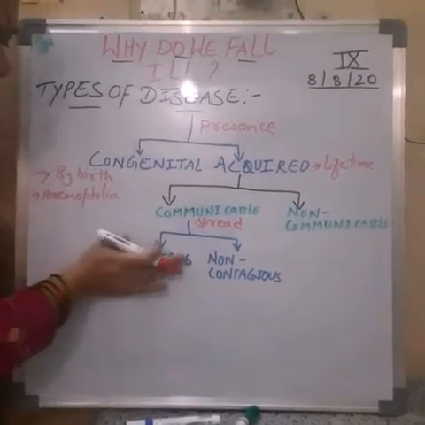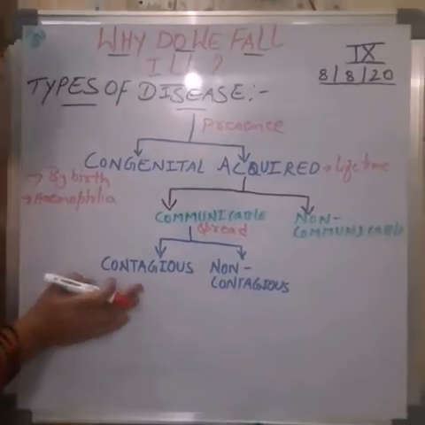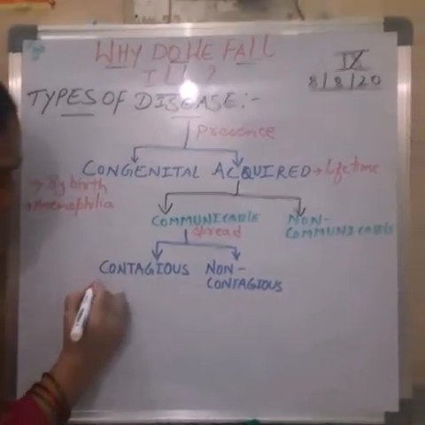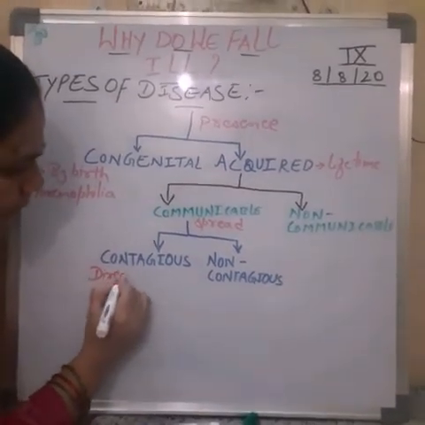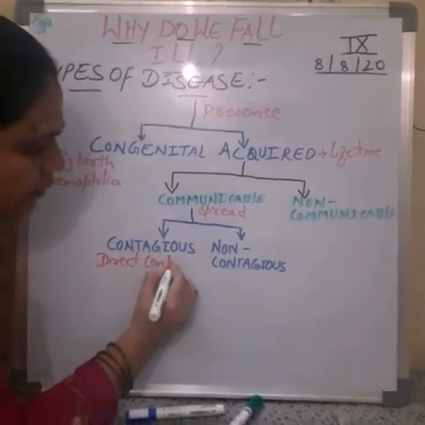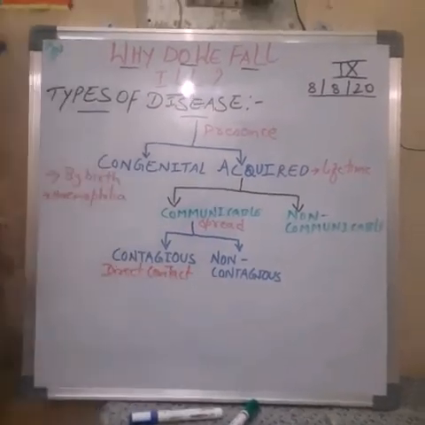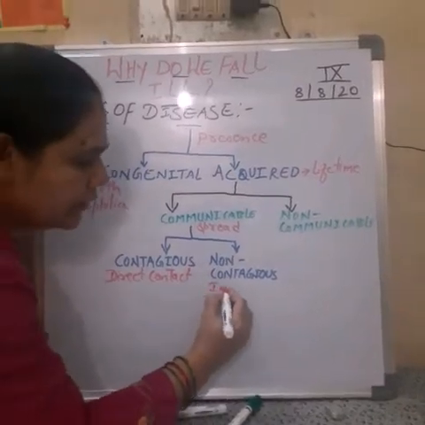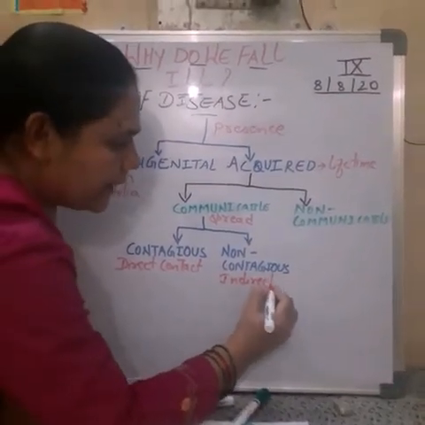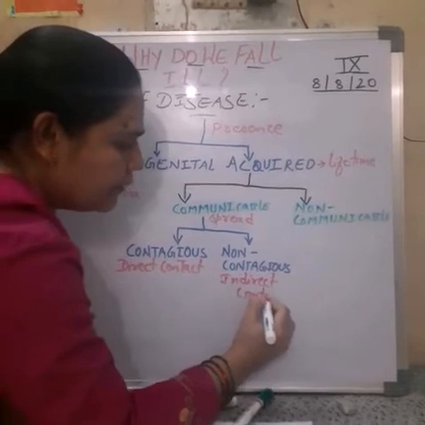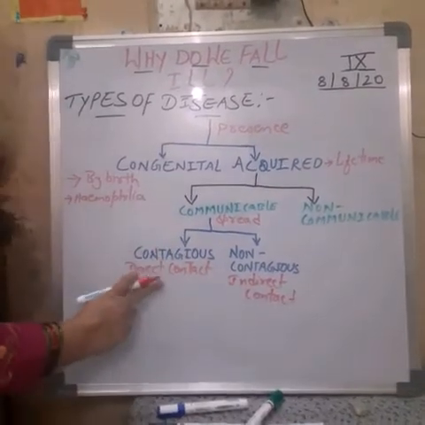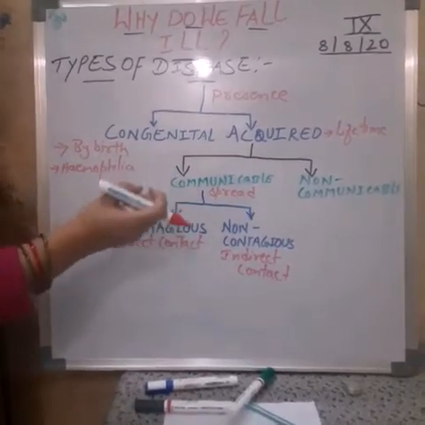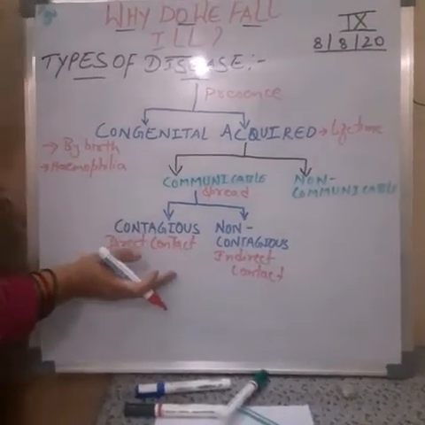Again, these communicable diseases are further categorized into contagious and non-contagious. Contagious in the sense that they are caused when a person comes in direct contact with the patient or with a diseased person, and the others are due to indirect contact. Now, what do you mean by direct contact? Maybe by touch, maybe by hug, maybe by kiss, or some sort of physical contact.